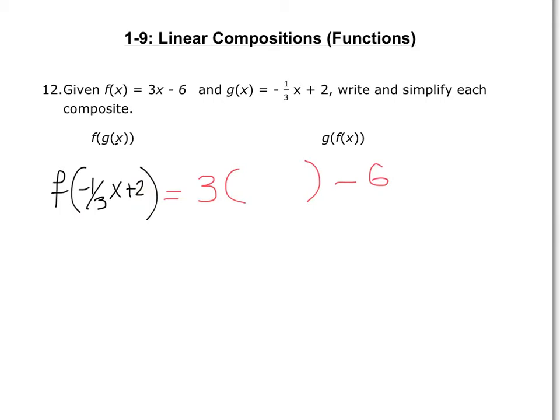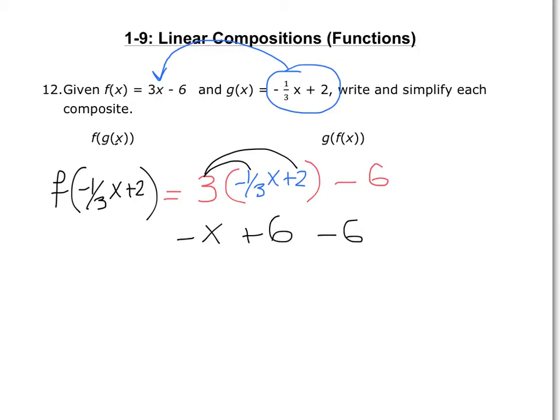So let's do that. As you can see, we're plugging the function g in the x. Now, 3 times negative 1/3 x, so what you need to do next is to basically distribute. So it's going to be negative x plus 6 minus 6.